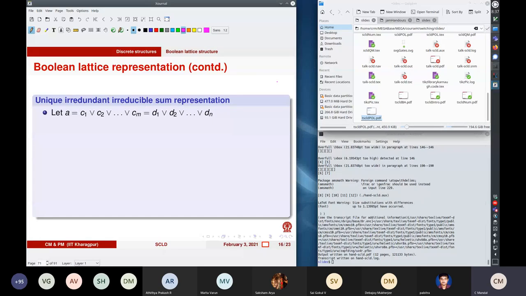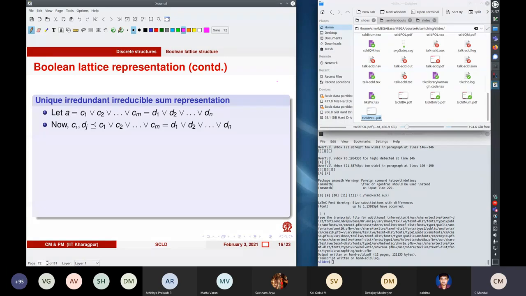We have two ways of expressing an element as the irredundant irreducible sum representation. Here we assume that each of these elements C1, C2, Cm or D1, D2, Dn are all irreducible. These are all join irreducible elements.